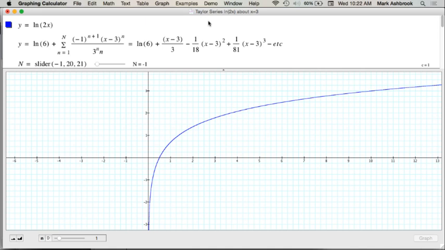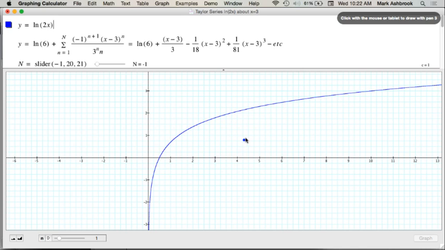Would we get it perfectly everywhere? Where would we get it perfectly? Everything greater than 0 up to and including 6, right? So from all of this up to here, this Taylor series will reproduce that part of natural log 2x perfectly.